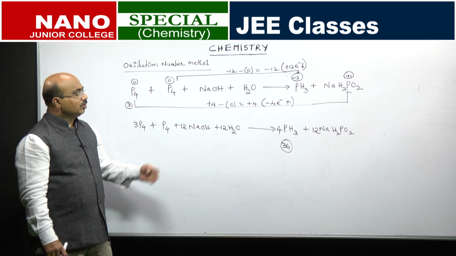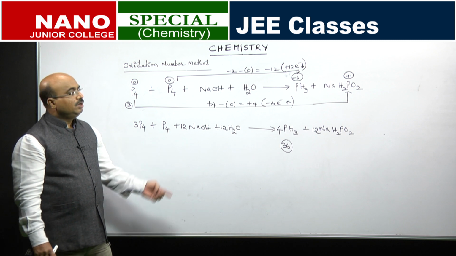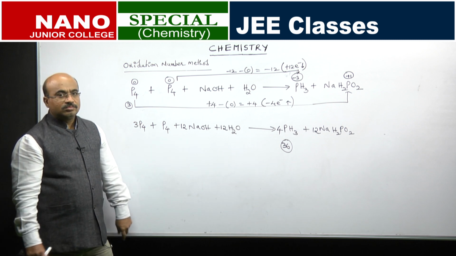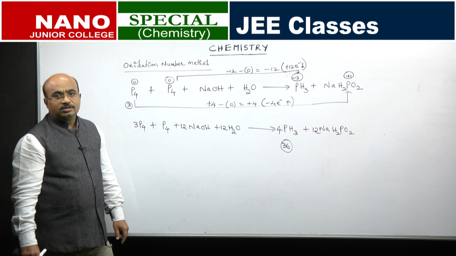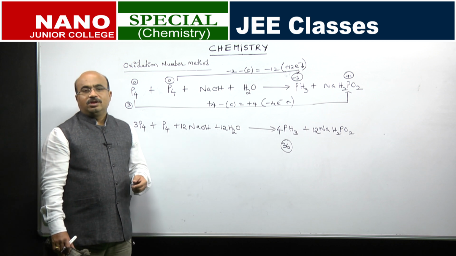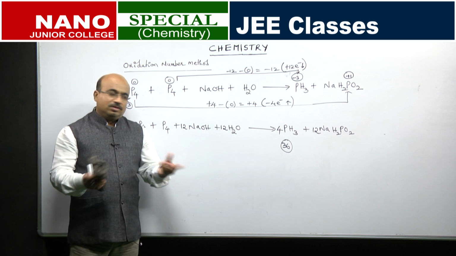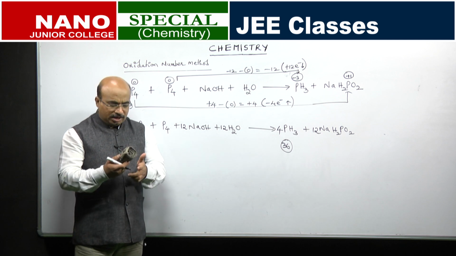Clear? So, this is another disproportionation reaction which can be done now by the oxidation number method. The number of steps will be fewer, you will have fewer determinations, just like a hit and trial type.